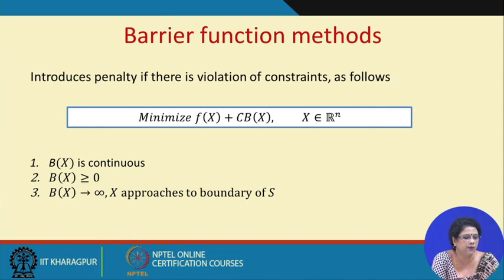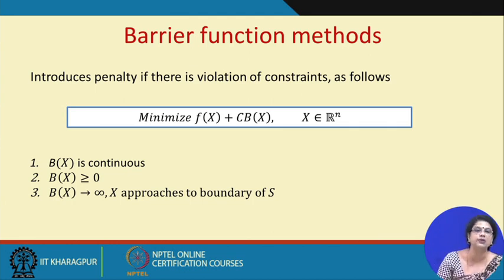Now, whenever we write minimization of f(x) plus c B(x), we are not restricting x to the feasible space. You must have seen that we consider x in Rn, because for points outside the feasible space B(x) will be 0, but once it is within the feasible space, then B(x) is positive.